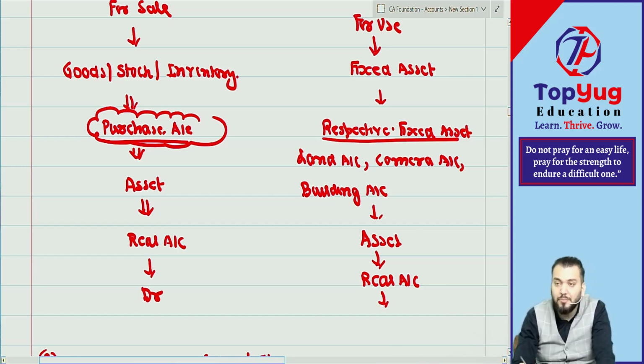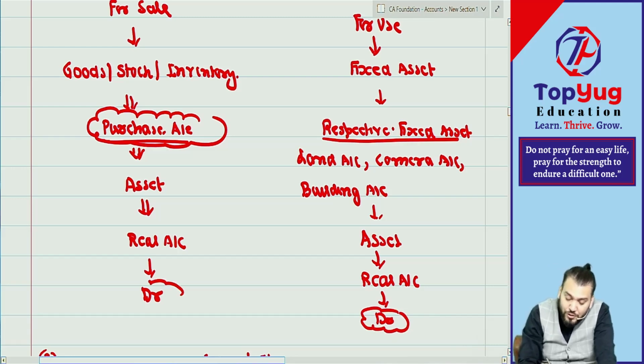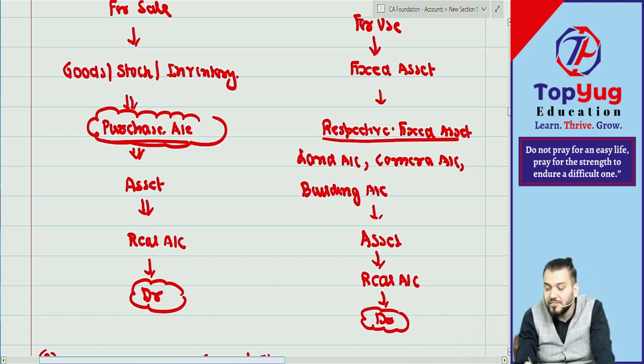Similarly, if you are purchasing some fixed asset for use, it is coming in only, so this will also be debited. So you need to apply the rules, first finding out whether it is a real account, nominal account or personal account, and then apply the rules as per the nature of the account.